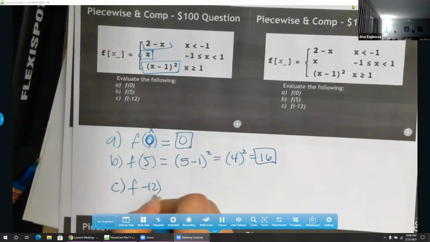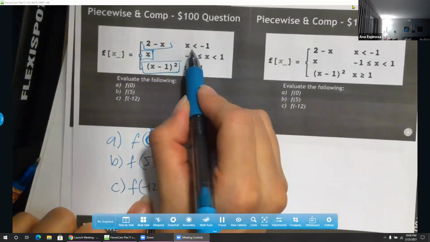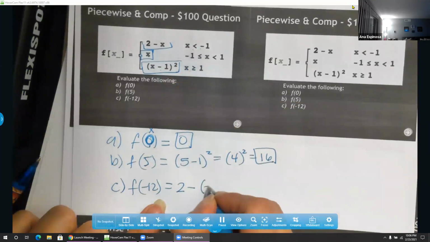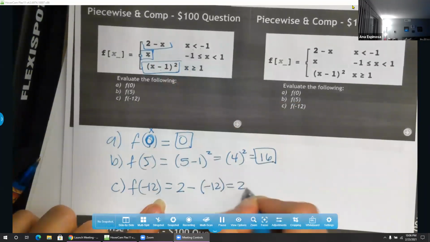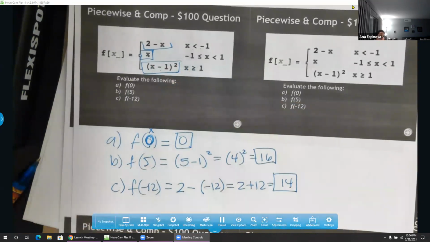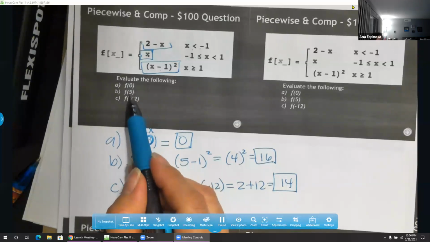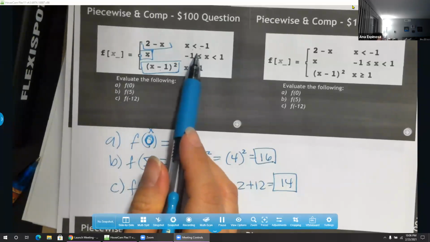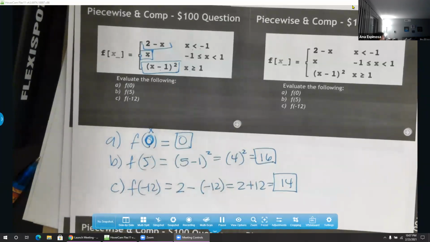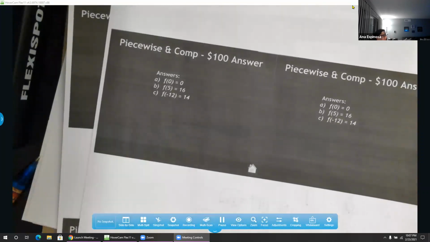F of -12, that number is less than -1, so that goes in here. 2 minus a -12, which is 2 plus 12, which is 14. Okay? So when you are given these, that's not the difficult part. It's knowing where it goes. Once you figure out where it goes, you just do the math. Okay? And those are the answers that you see in the back.